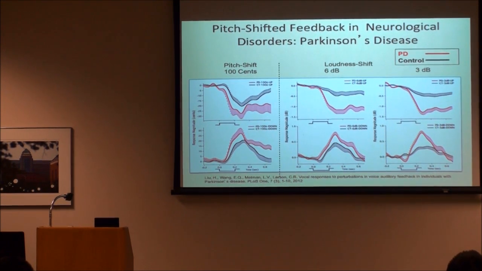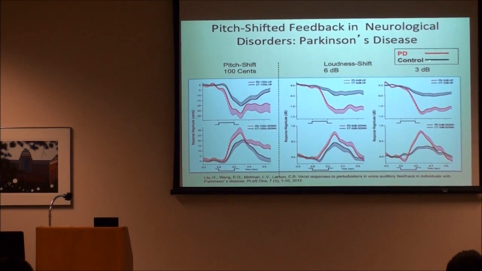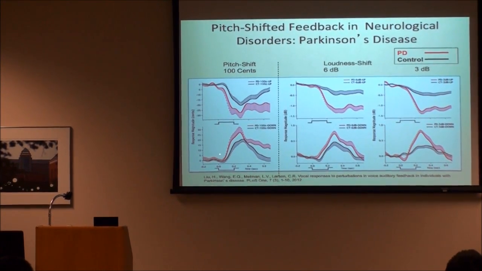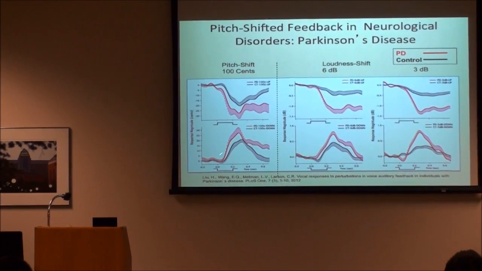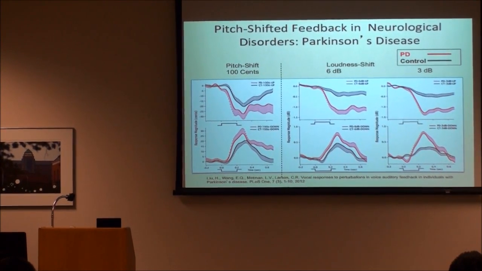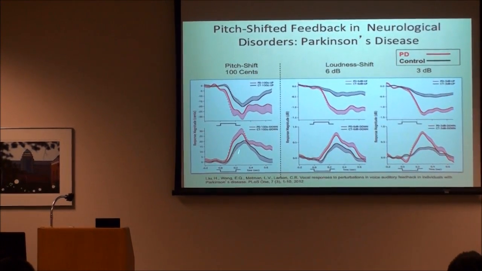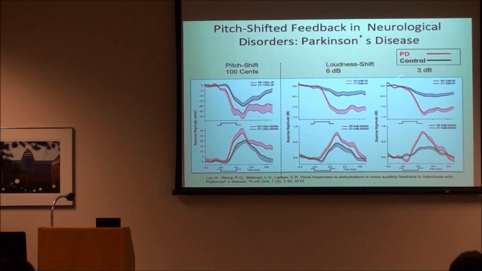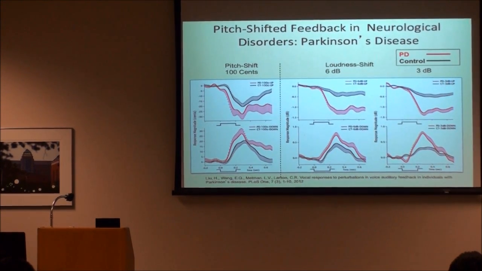But in both cases, the Parkinson's patients are indicated by red lines and the control subjects by black lines. You can see that the Parkinson's patients produced larger responses than the control subjects, both for pitch-shifted feedback as well as for shifting loudness feedback.